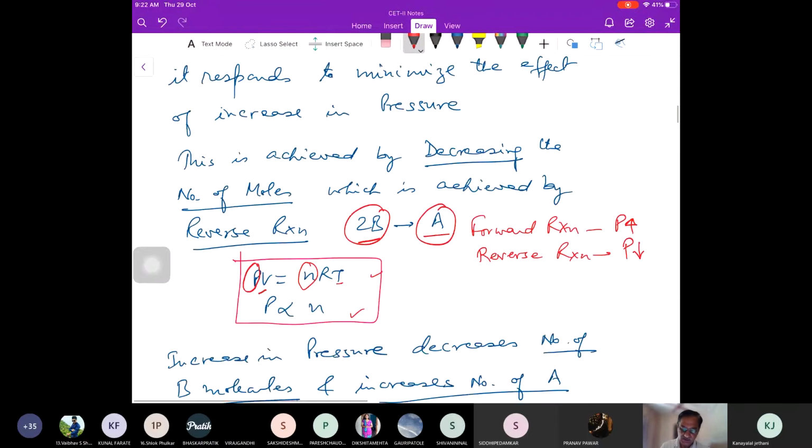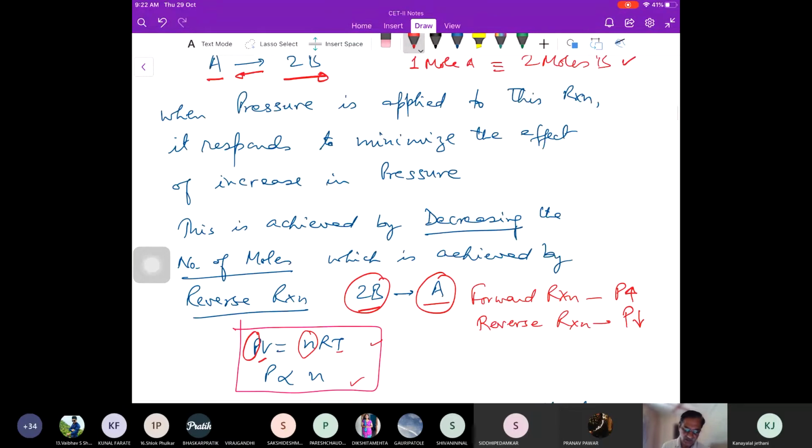So the forward reaction is favored by, okay, if I take the reverse reaction, 2B goes to A, then this is the forward reaction, this is the reverse reaction, right? Then the forward reaction is favored by an increase in pressure because the number of moles is reducing, and the reverse reaction is favored by reduced pressure because the number of moles is increasing in the reverse direction.